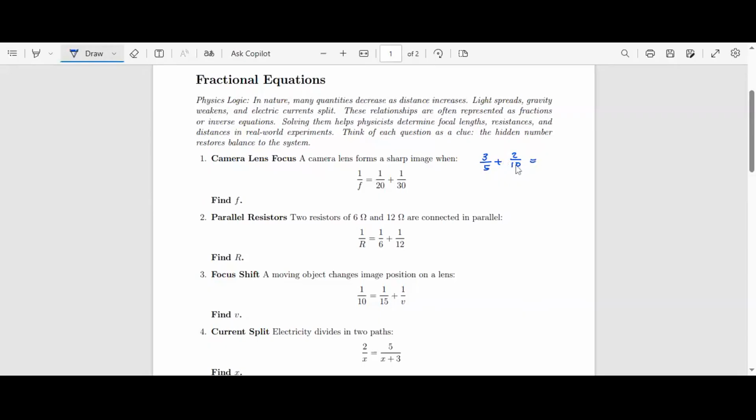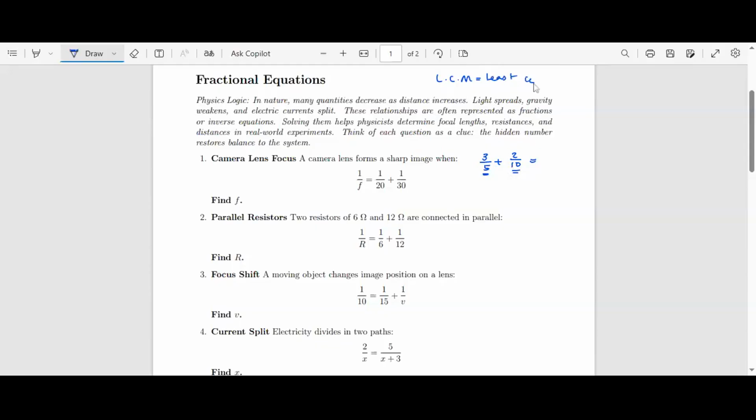The first thing you have to do is get the same denominator. You should have the same denominator in order to add fractions. To make the denominator common, we find something called the LCM, the least common multiple.